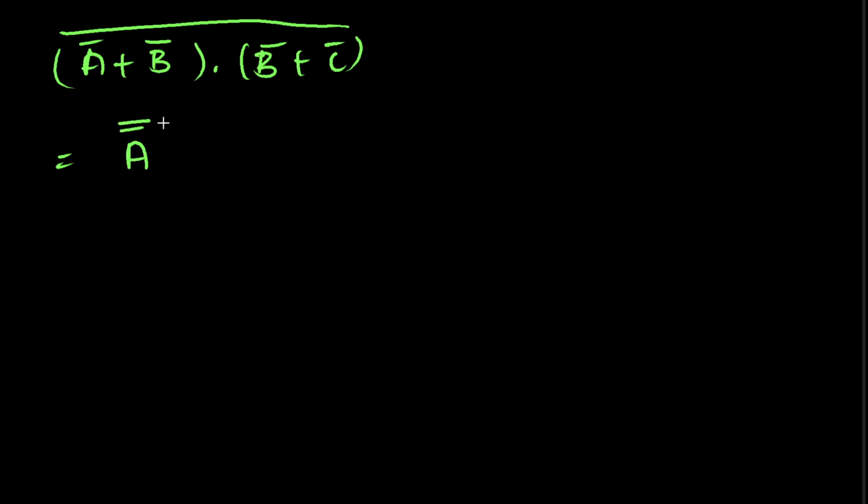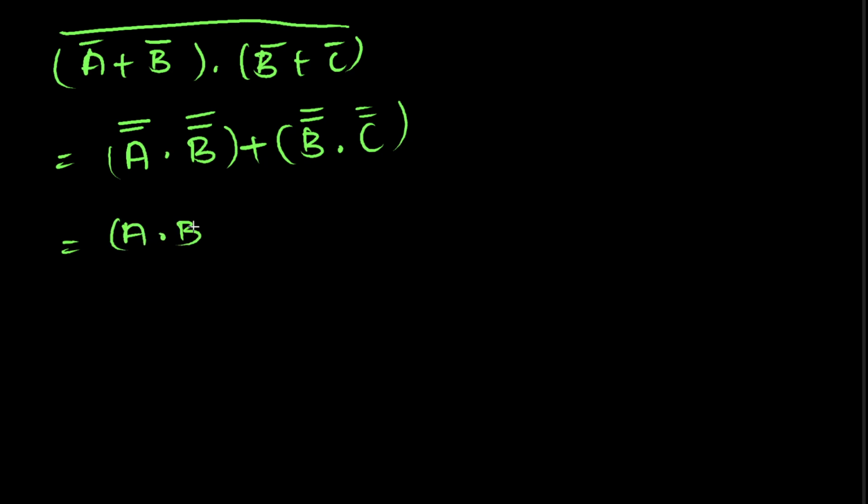I will split the complement first, then change the sign into b bar plus b bar into c bar, right? So what will be a into b plus b into c. By taking b as common, you can write a plus c. So this is the answer.